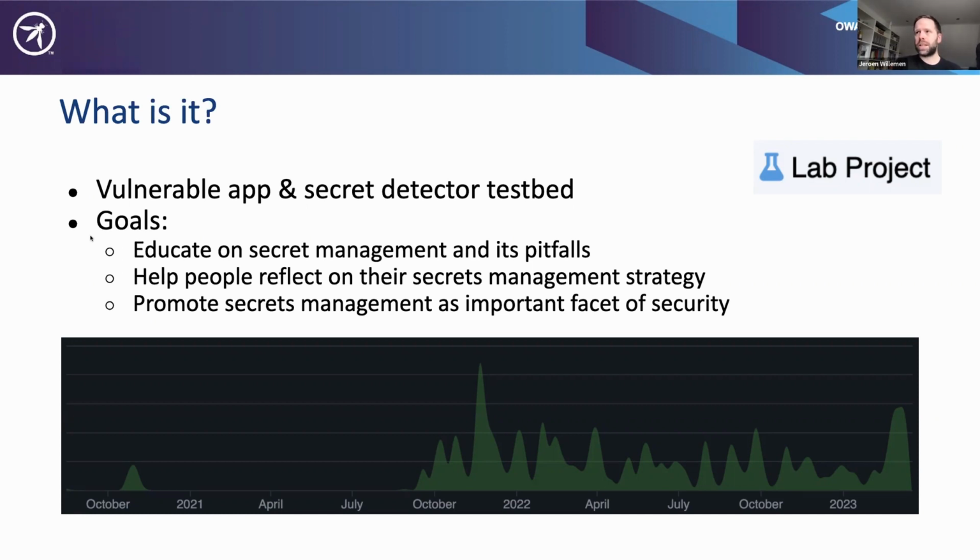The first one is basically we want to educate people on secrets management and its pitfalls, because secrets management is often harder than you think it is. You start out with a beautiful program, you start out with lots of beautiful infosec activities or cybersec activities and all the other jazz. But then eventually you need to start protecting your actual golden things or your diamonds, basically, and that's where stuff gets a bit rough, because how do you do it properly?